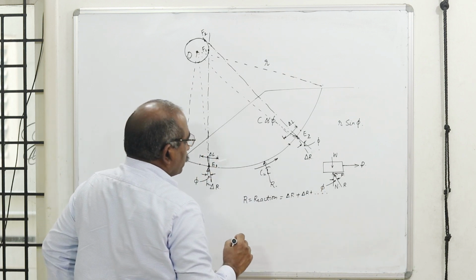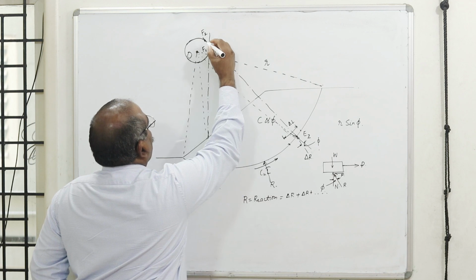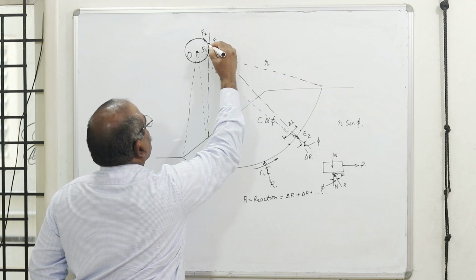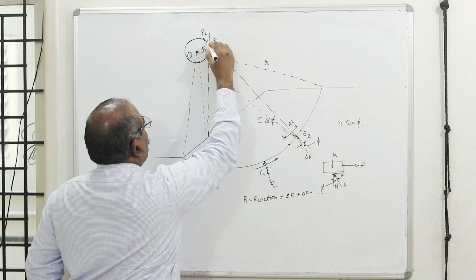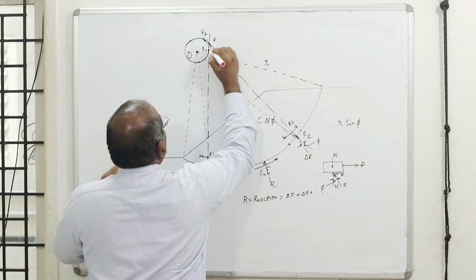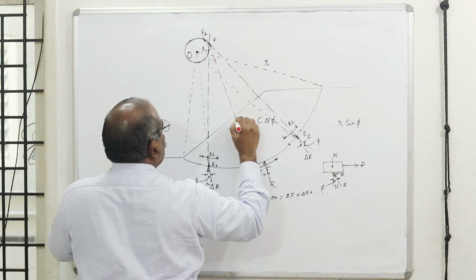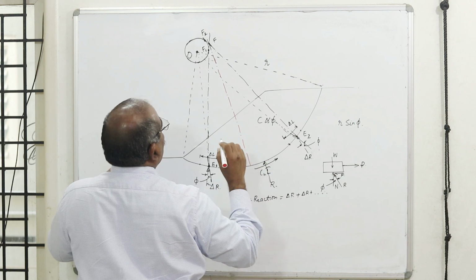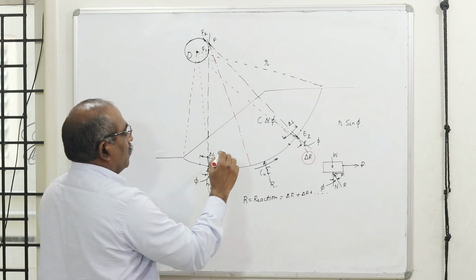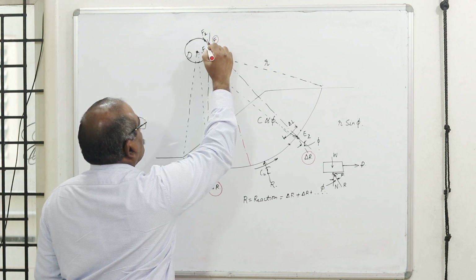If I take these two elemental reactions, delta R and another delta R, the resultant will pass through another point F, instead of passing as a tangent to the friction circle.